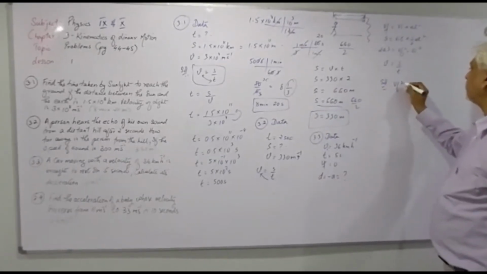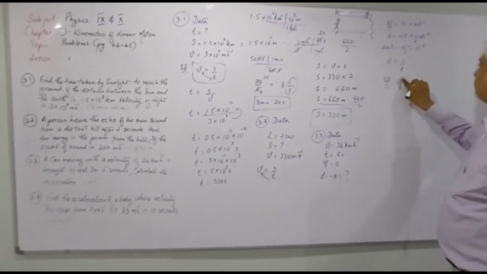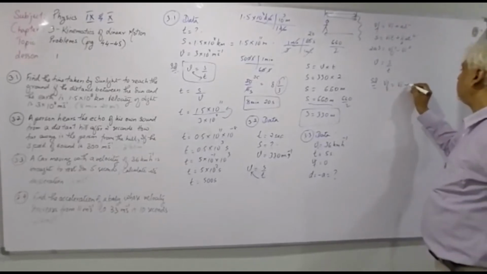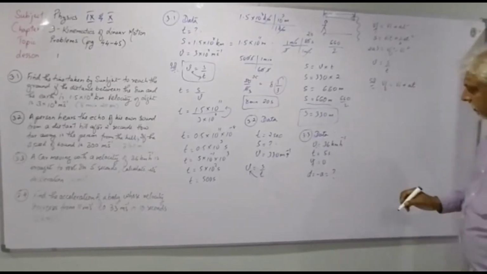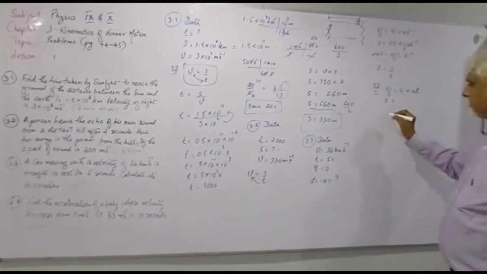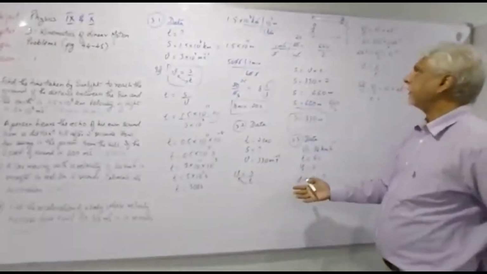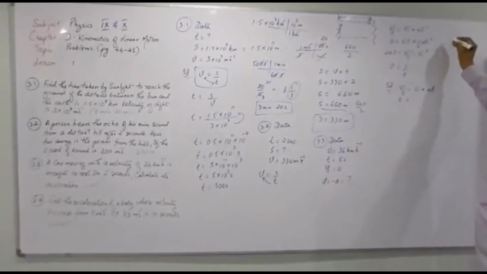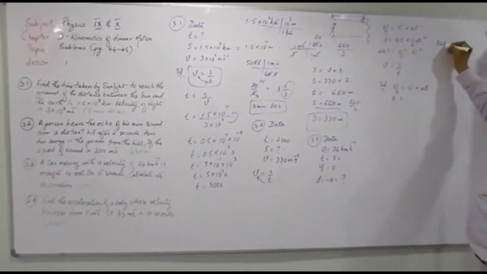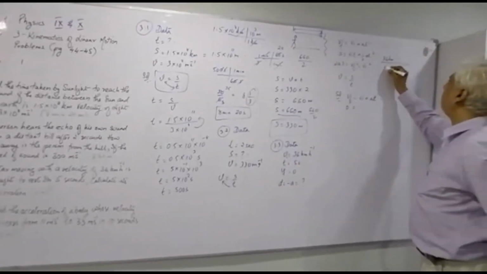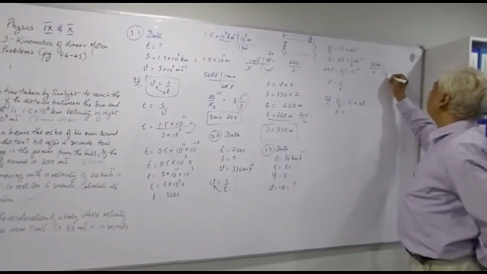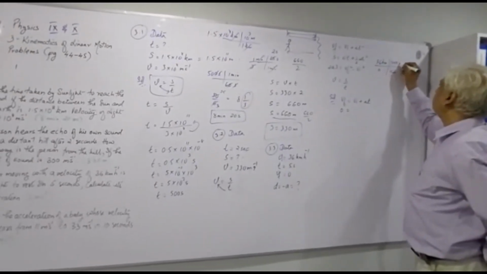Solution: Vf is equal to Vi plus at. So final velocity is 0. Initial velocity is 36 kilometers per hour. We need to convert this into meters per second. Okay, so where do I do it? I do it over here. 36 kilometers per hour. So 1 kilometer is 1000 meters.